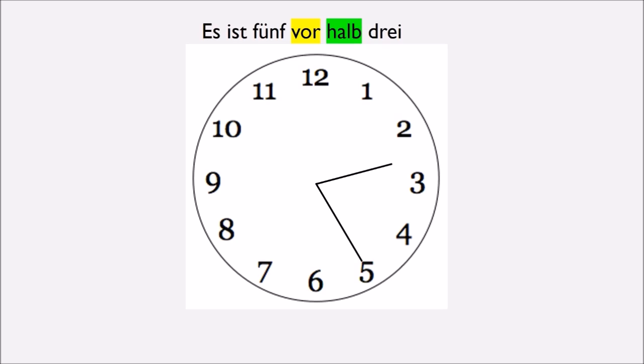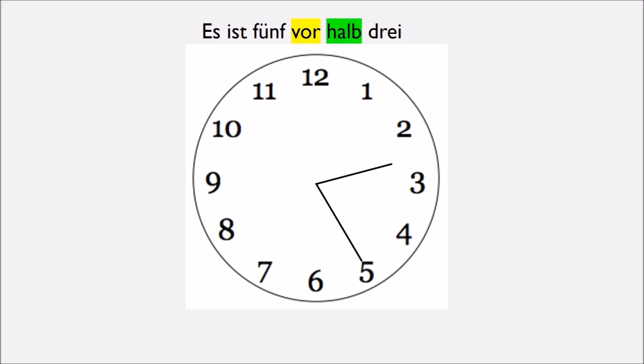The tricky bit is if you're asking a German what's the time and it happens to be 25 past, because they most likely will say 5 vor halb. So 25 past 6 would be 5 vor halb 7. So 5 vor halb. Remember, halb drei, 2:30, 5 vor.